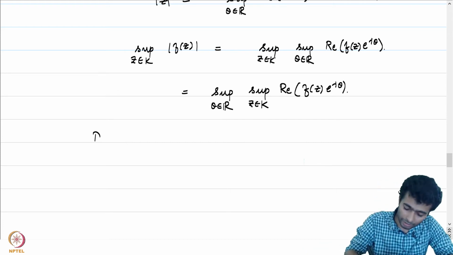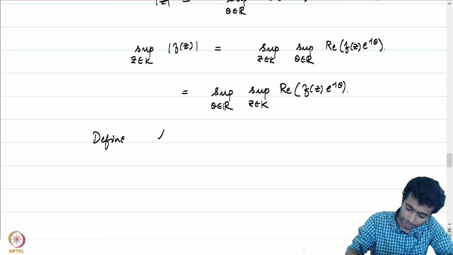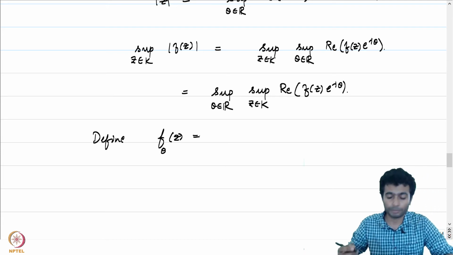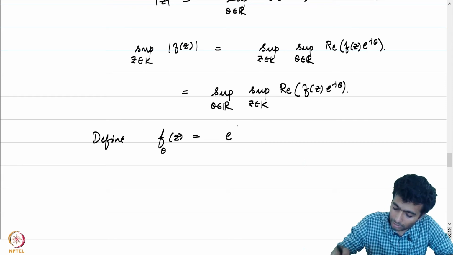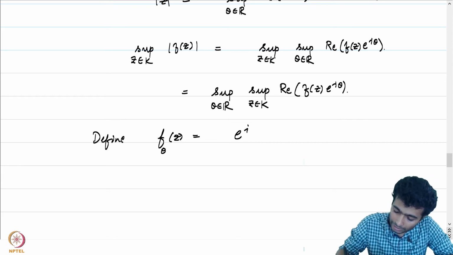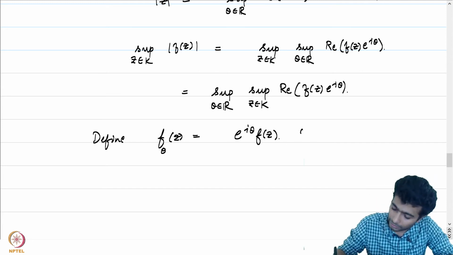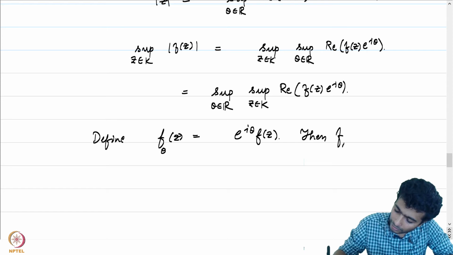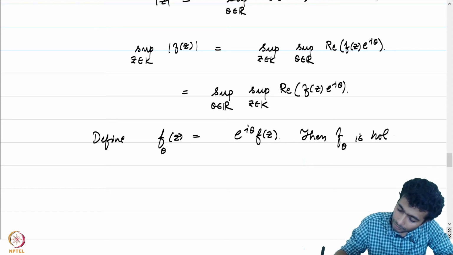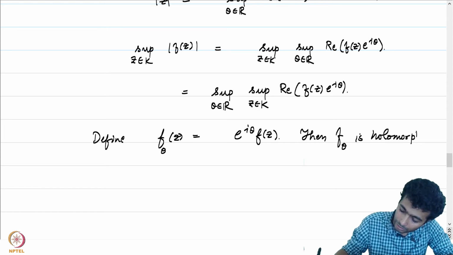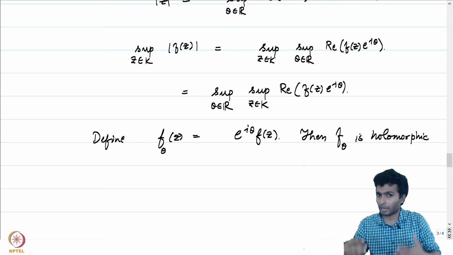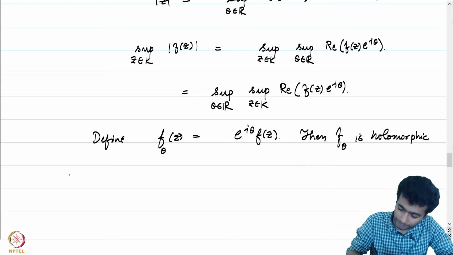Okay, let's define f subscript theta of z, this is being defined as e to the power i theta times f of z. Then f theta is a holomorphic function, right? F theta is holomorphic. And because it is holomorphic, its real part is going to be a harmonic function.